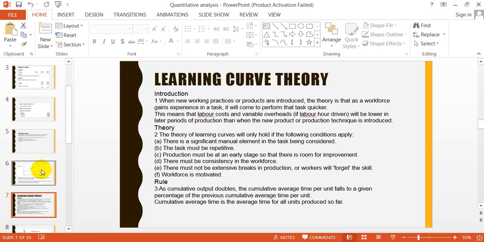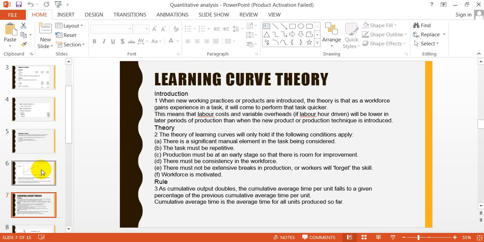But for the theory to hold, a number of conditions must be applicable. The first one is that there is a significant manual element in the task. The task is not so automated.